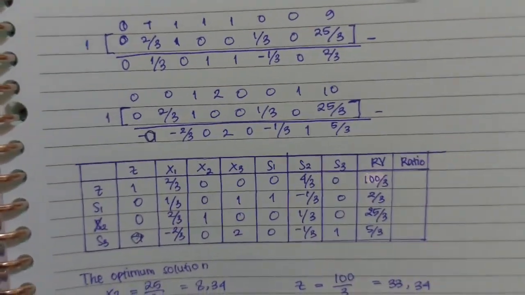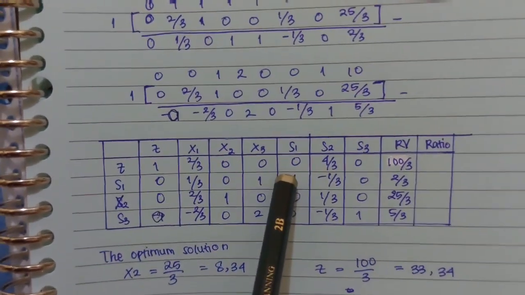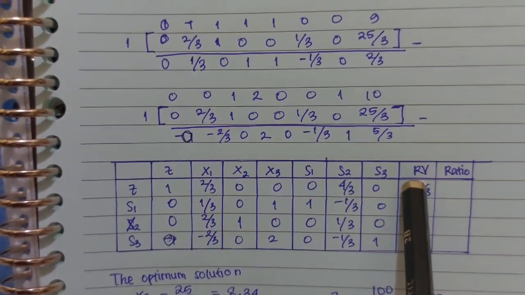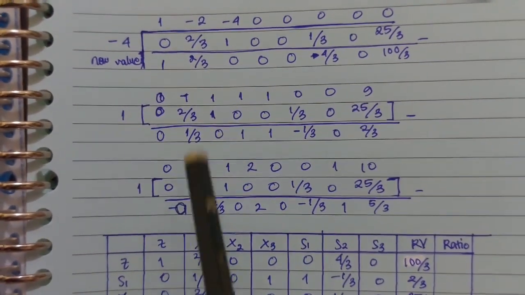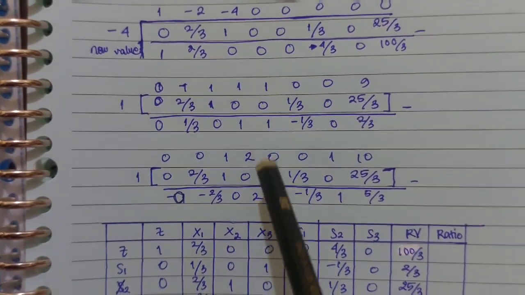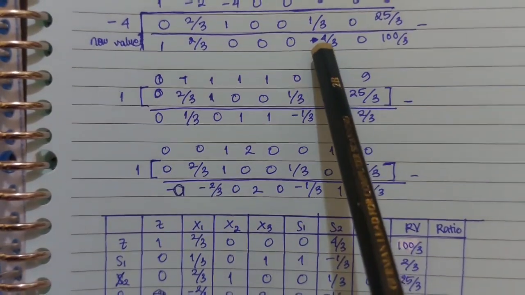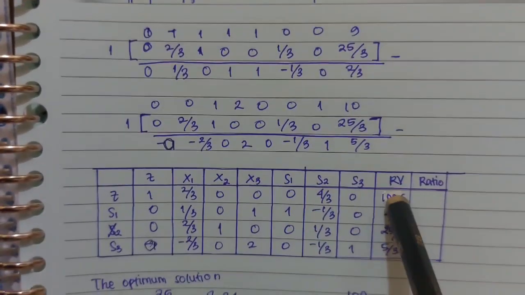And after we find the new values, we put all of the new values into this table. For example, z1, 2 per 3, 0, 0, 0, 4 per 3, 0, and the right value is 100 per 3.